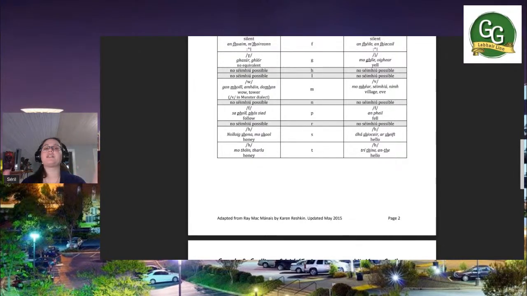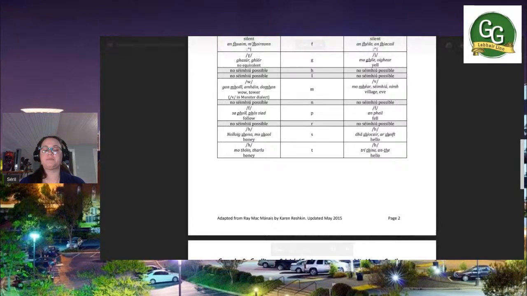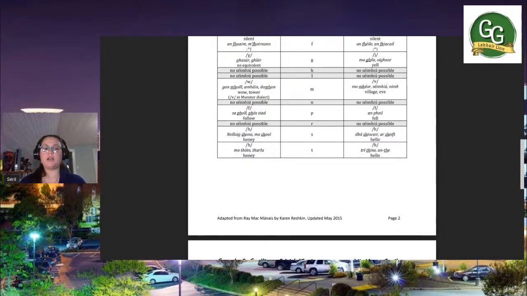P is just like English. So P becomes PH, we get an F sound. So that one's very easy to remember. So like "seafóid", "fós", "anfhéil". And then S, we went over a little bit earlier.